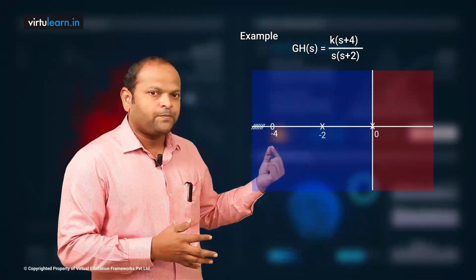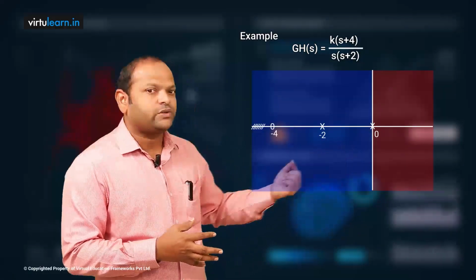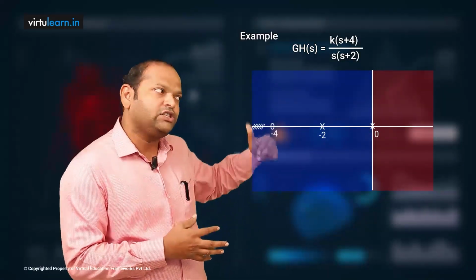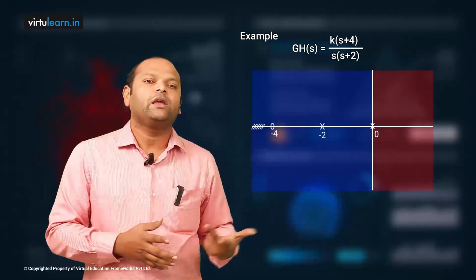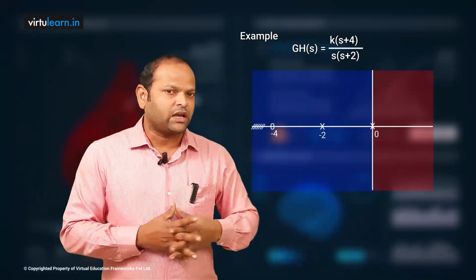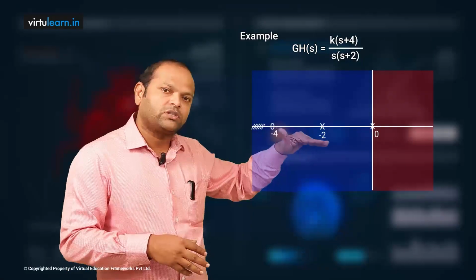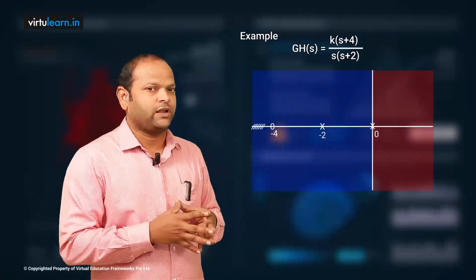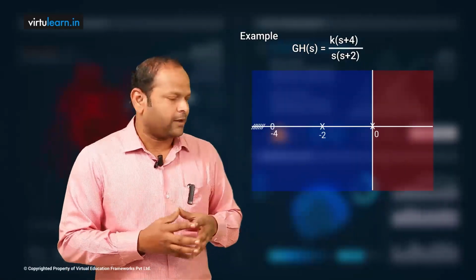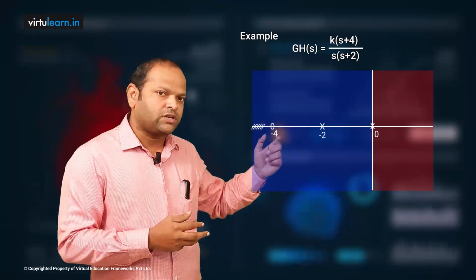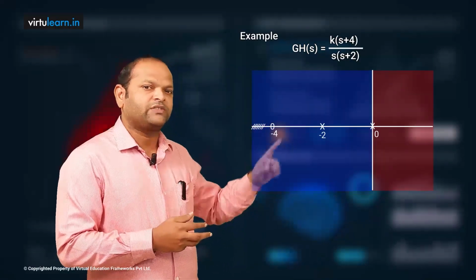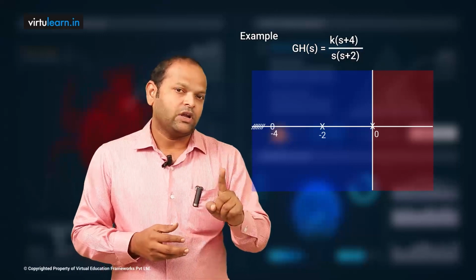Now how many asymptotes will you get? The first thing: are all poles and zeros in the left of the S-plane? If at all there is one zero in the right of the S-plane, then yes, there will obviously be one imaginary crossover point. But in this case, my poles and zeros are all in the left of the S-plane. Now look at the asymptote possibility. We have 2 poles and 1 zero, therefore 2 minus 1, there will be only one asymptote.